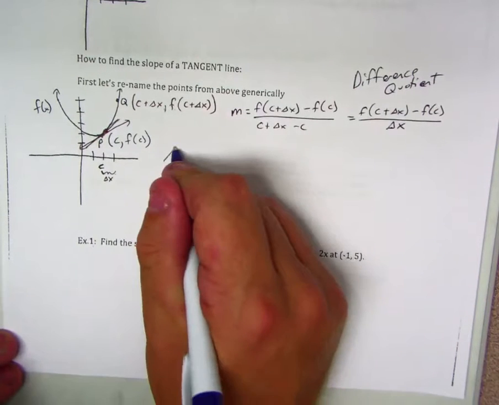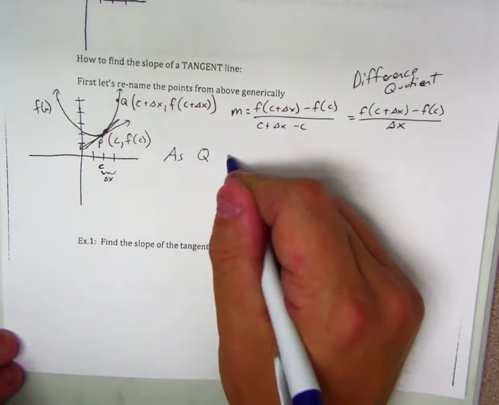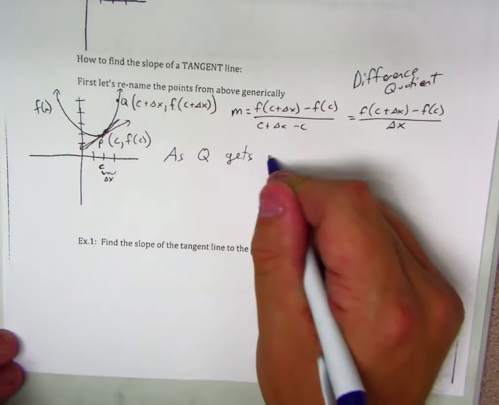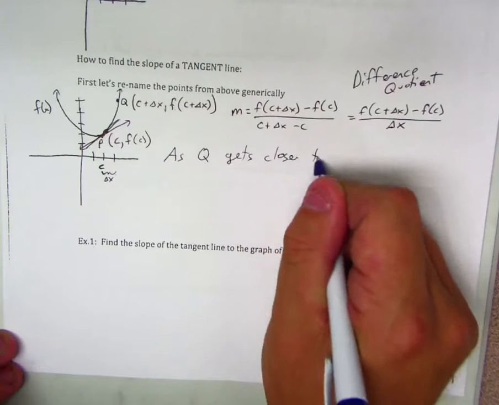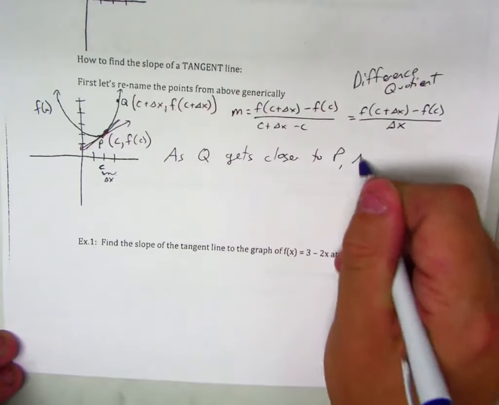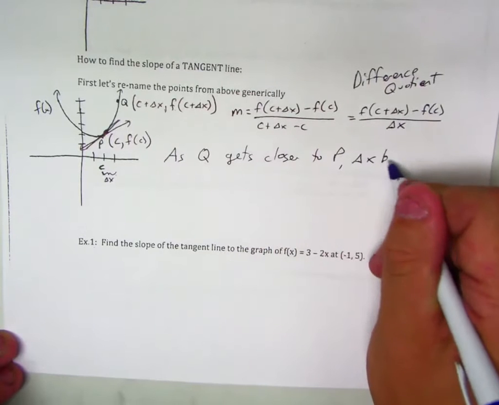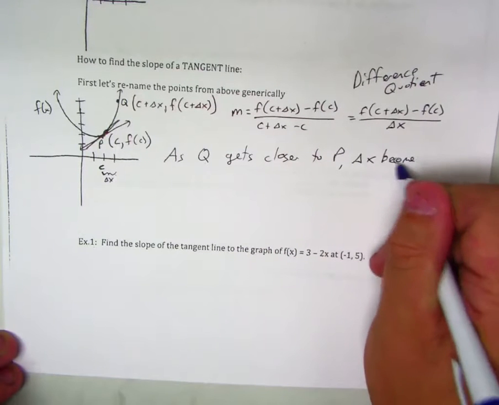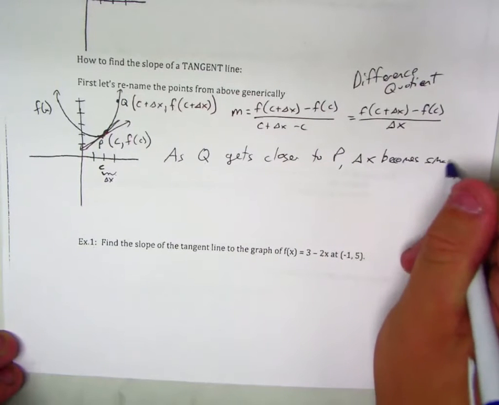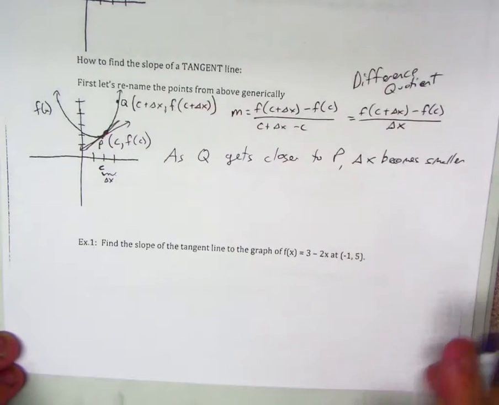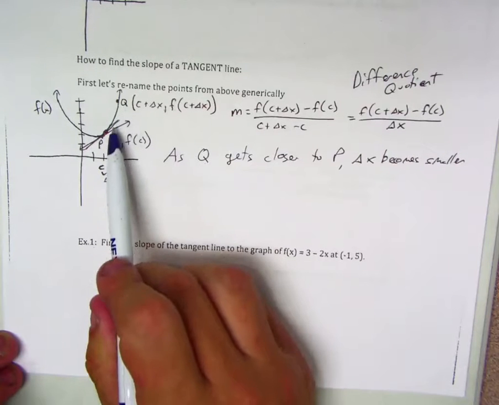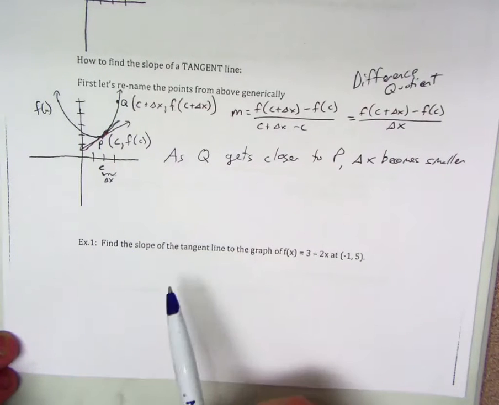So what we say is, as Q gets closer to P, delta x becomes smaller. Right? We just talked about that. As we move Q closer to P, delta x becomes smaller. Okay.